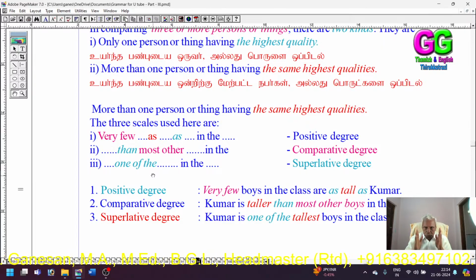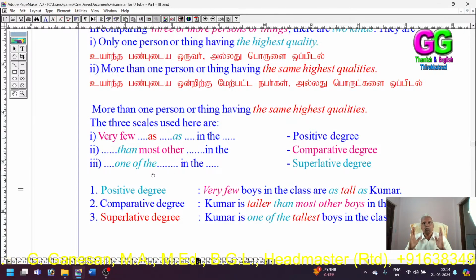When we compare two or more persons or things having the supreme qualities, when there are more than two persons or things, where more than one person or thing are having the highest qualities, what are the rules we have to follow?